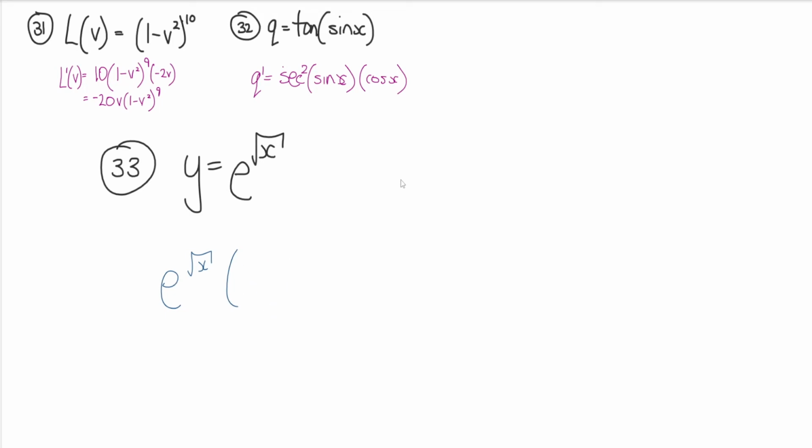So what's the derivative of x to the 1/2, which is really what that is? So we get 1/2 times 1 over square root of x. So let's just say this is all over 2 square root of x. That is our y prime.